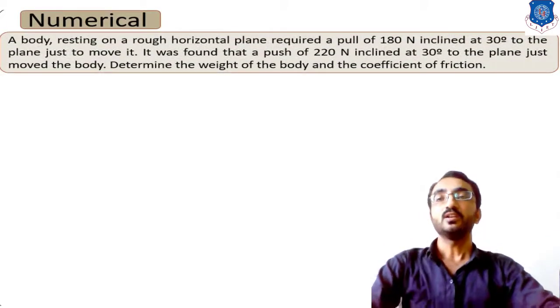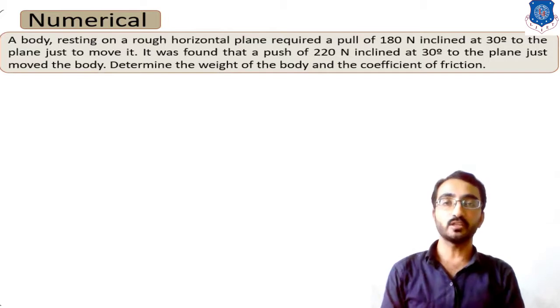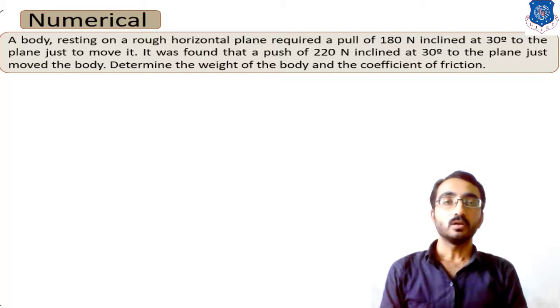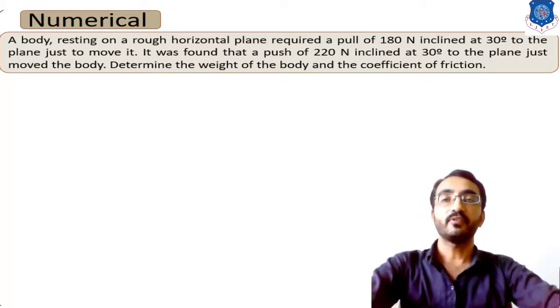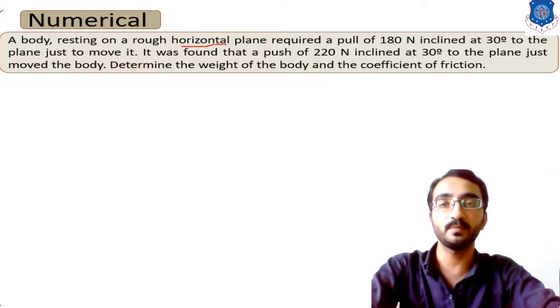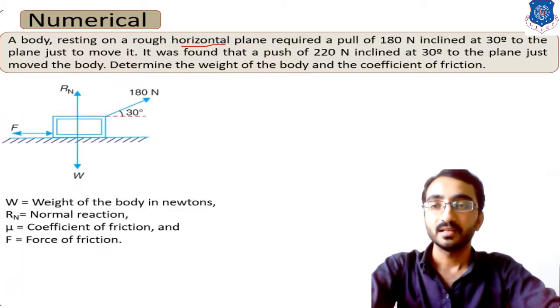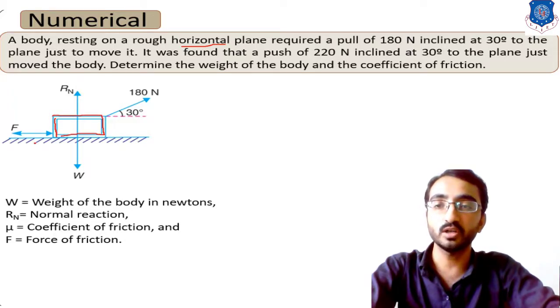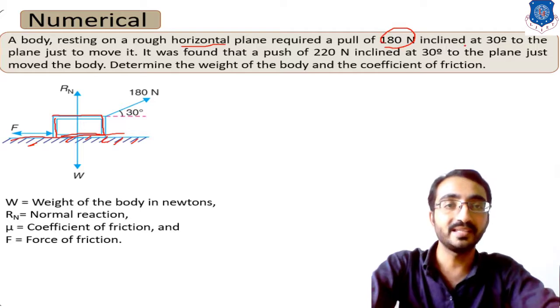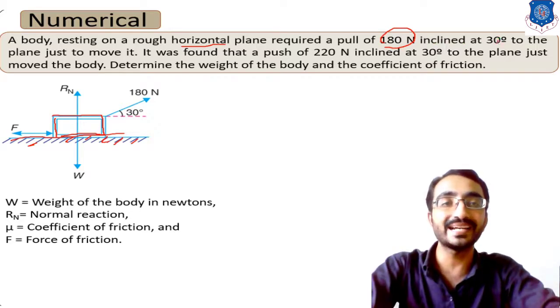A body which is resting on a rough horizontal plane requires a pull of 180 Newton at 30 degrees. First fundamental: they have given that the body is resting on a rough horizontal plane. So let's consider that this is the body resting on this flat and rough horizontal surface. Now a pull force of 180 Newton is required, and it is applied at a 30 degree angle.